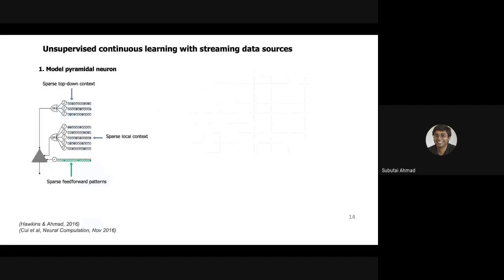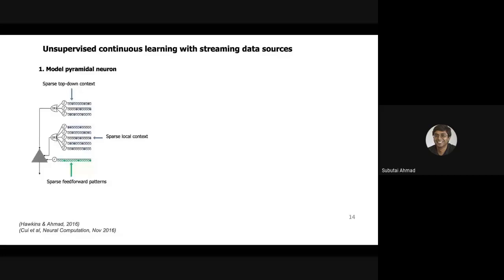So we've tried to implement this in a couple of different ways. In the context of streaming data, we've implemented a system that has three basic components. I'm not going to go into these in detail. They're in the paper here. The first component is a model neuron that mimics these independent dendritic segments that are there in pyramidal neurons. We put these into a recurrent predictive network.